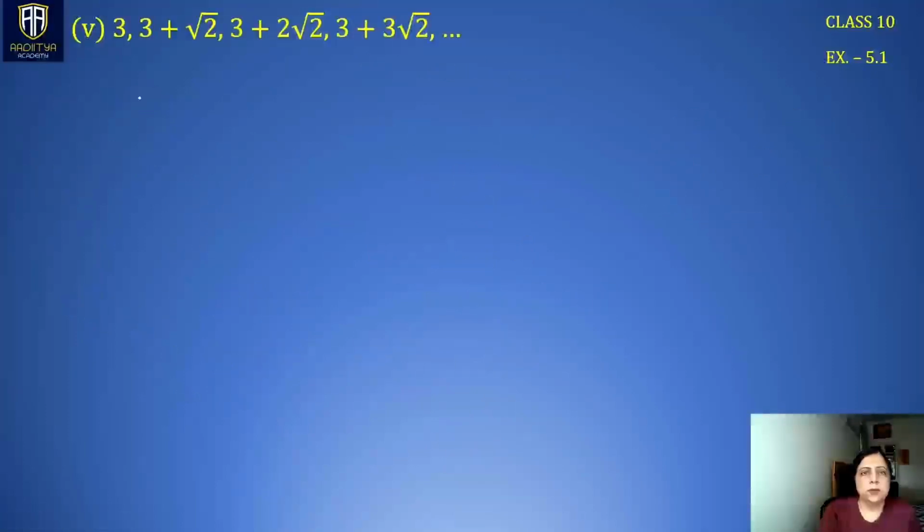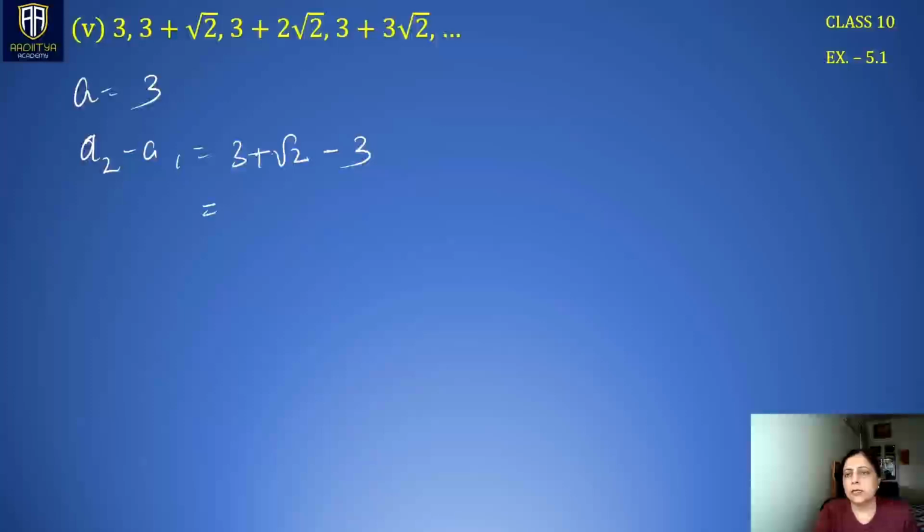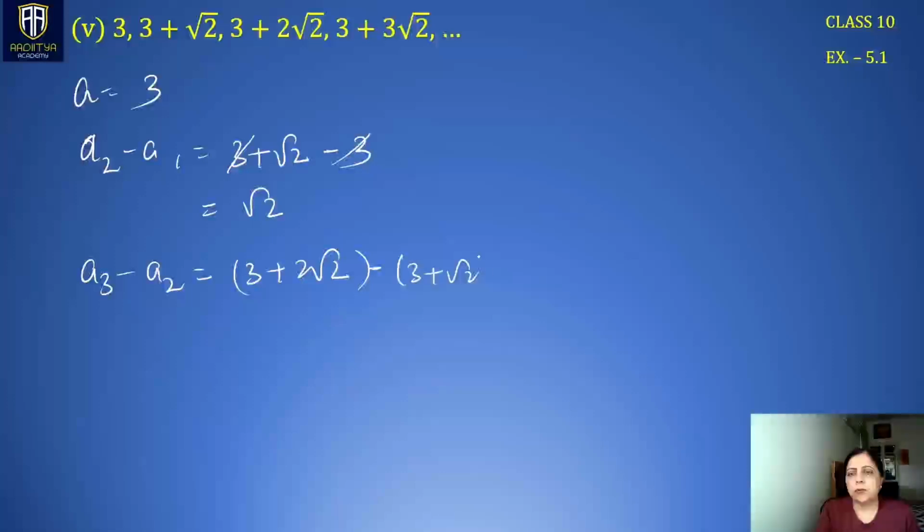Next question is 3. A is 3. For D we have to calculate A2 minus A1, which is 3 plus root 2 minus 3. So you can see that if you subtract them, the difference becomes root 2. A3 minus A2 is 3 plus 2 root 2 minus A2, which is 3 plus root 2.